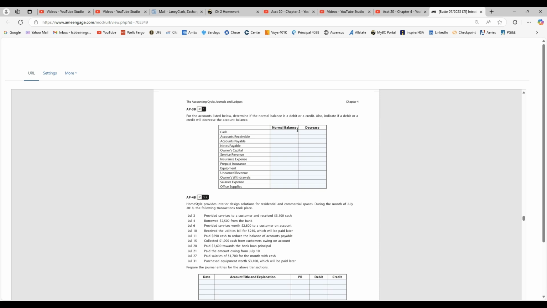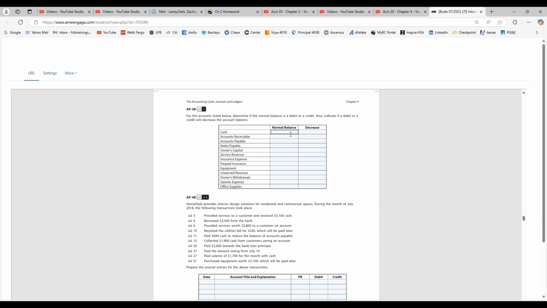And so essentially you're going to have the opposite on the decrease side each time. So you could replace normal balance with increase and you'd essentially get the same answer. Knowing what the term normal balance means is maybe why it's used here instead of increase, but basically they can be interchangeable.